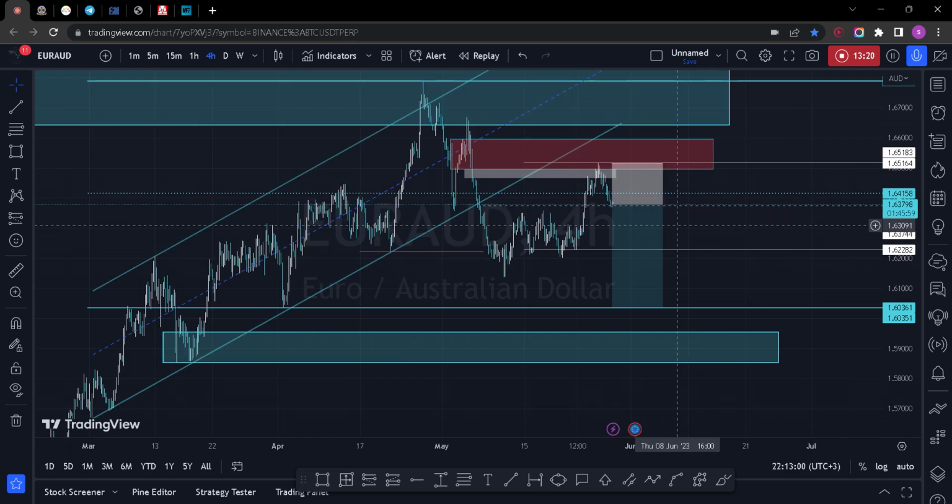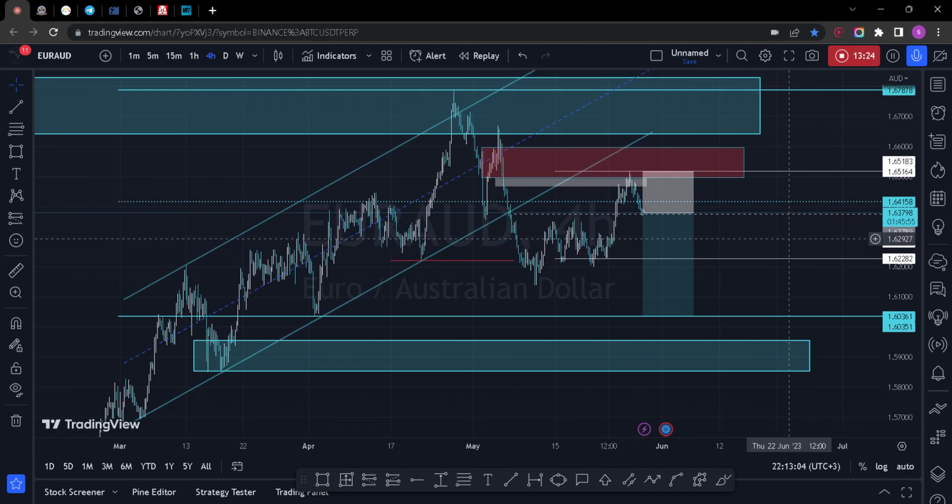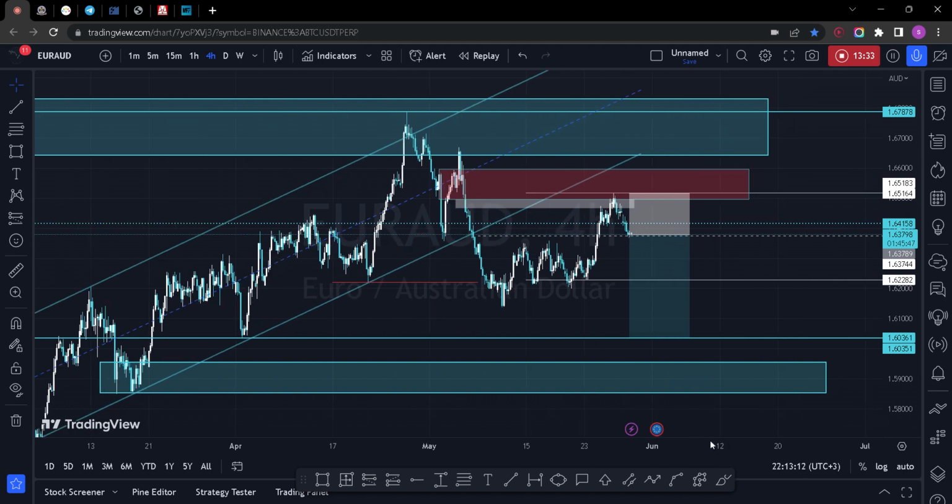There's going to be high impact news for both currencies, the euro and the Aussie dollar. However, I believe through backtesting, high impact news only causes volatility and does not decide the direction of the market.